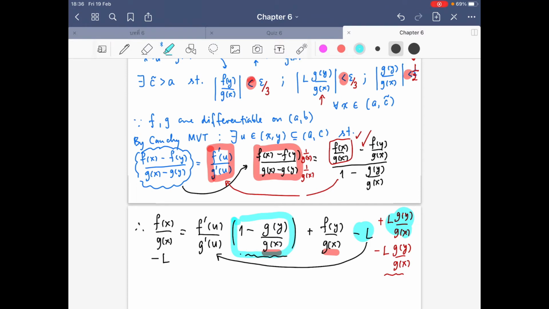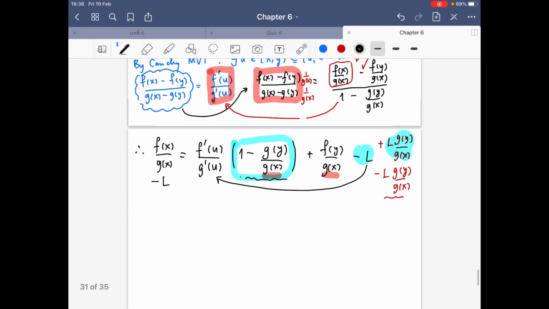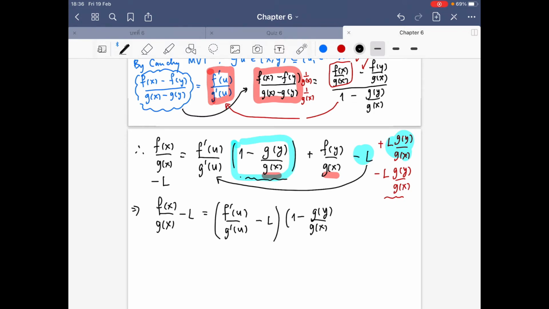You get this factor. So it means that f(x)/g(x) minus L equals f'(u)/g'(u) minus L multiplied by 1 minus g(y)/g(x), and then subtract the leftover, L times g(y)/g(x), and f(y)/g(x).